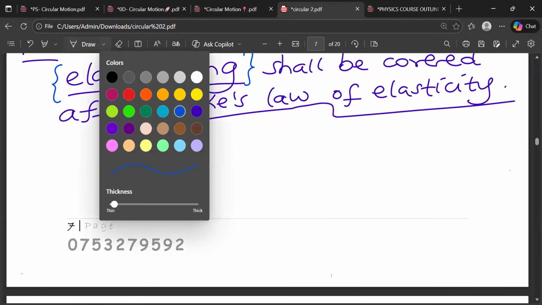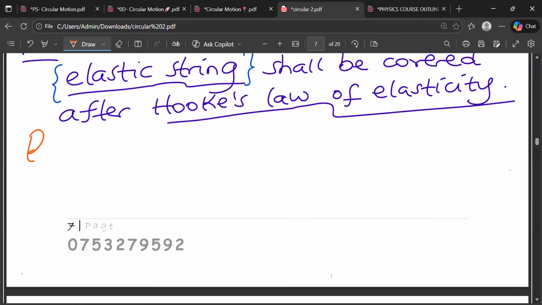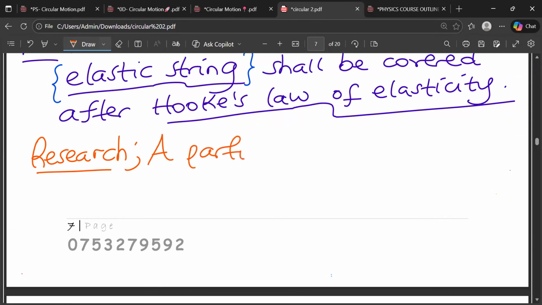Then the other research of mine. Now the syllabus never specified that we should give you the calculations concerning a particle on a rotating disk. Research about a particle on a rotating disk.